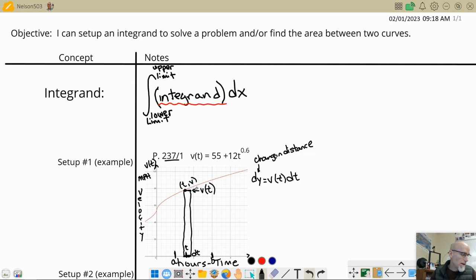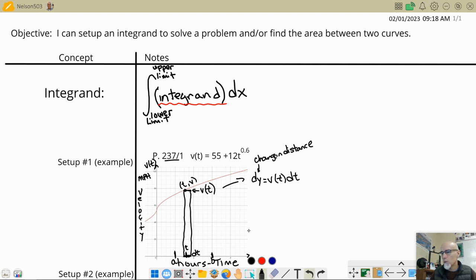And it says it is the limit of the sum of dy values. So if we added up a whole bunch of dy values from A to B, if we drew a bunch of rectangles in here, the limit of them, like infinitely many of them, would be the distance that the car goes.